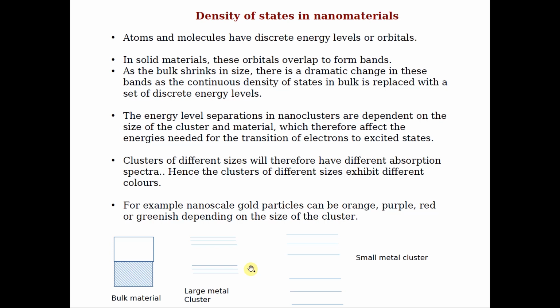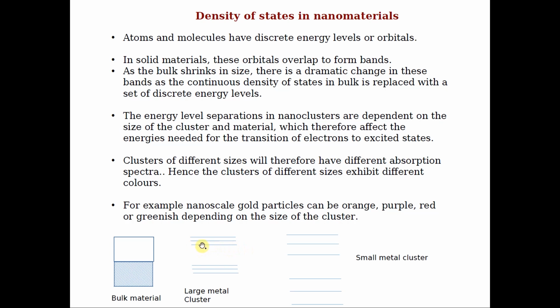Alright, this is to understand a bit about density of states. What do we understand as density of states? We have this concept of different energy levels, and an energy state is something like a position available for an electron to take.